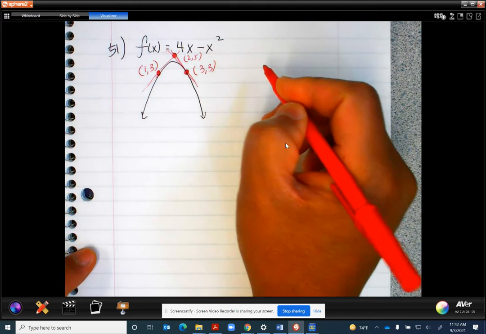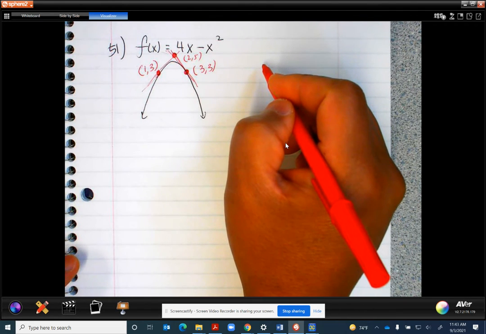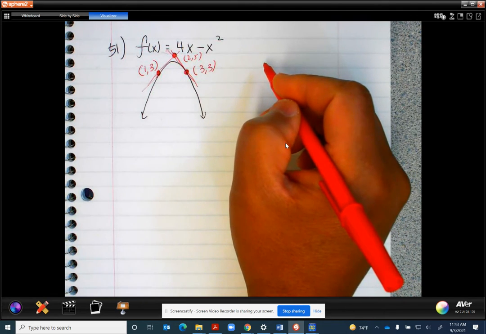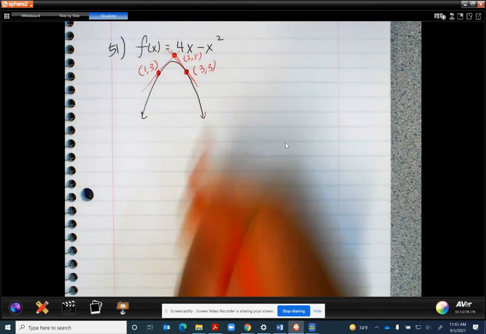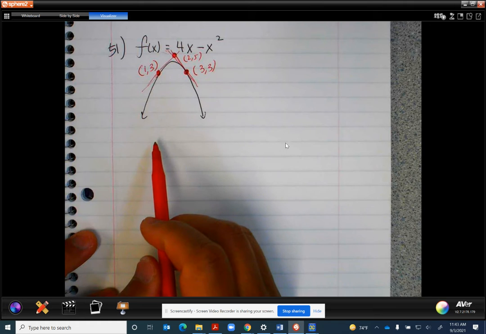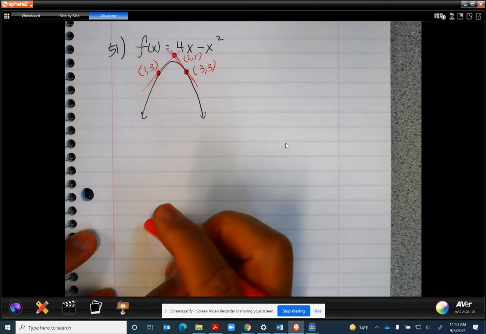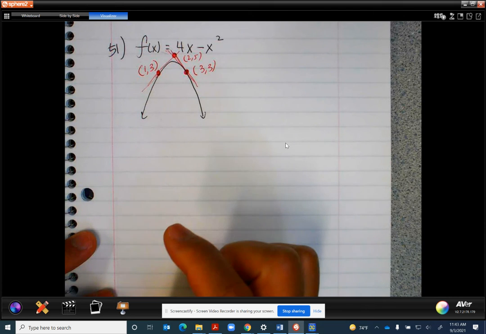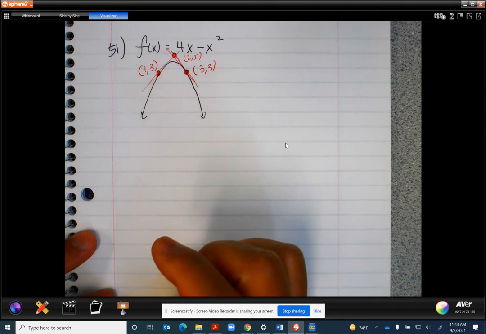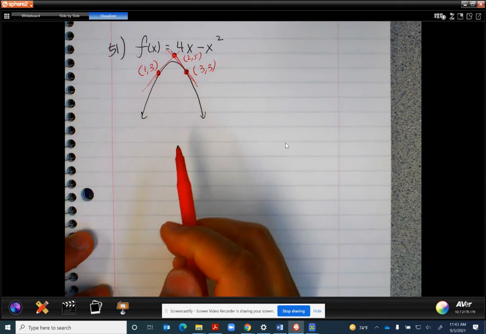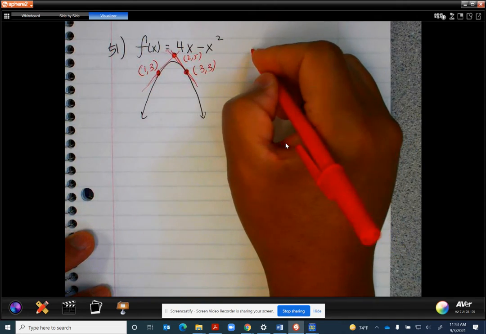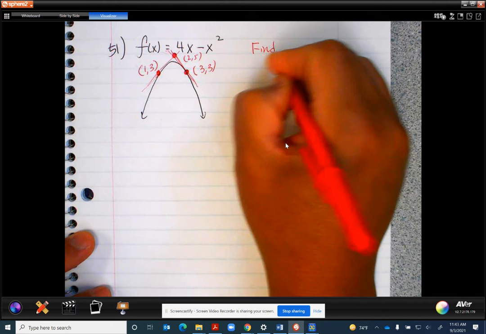2, comma 5. All right, go ahead and I'm going to give you the direction. Have you time to kind of read the direction? So go ahead and read over the direction, and you need to understand what they're asking. Okay, so if you read the direction, they want you to find what?